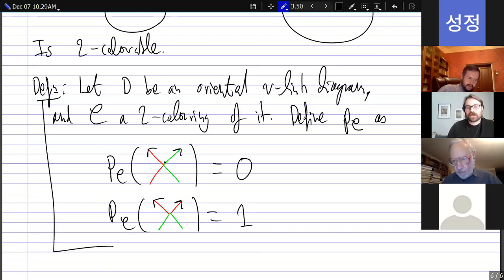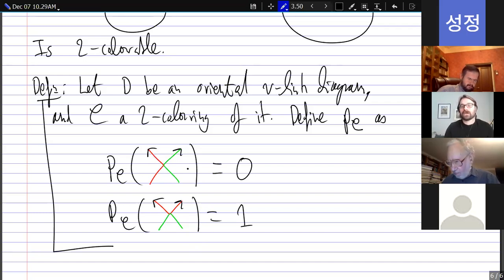Okay, so this is also up to rotation, of course. I could also have red on the right and green on the left, and red on the top and green on the bottom. I just mean up to rotation. So this is showing that I need the two coloring and the orientation here. If I wasn't working with oriented links, then I can't tell these two configurations apart up to rotation.